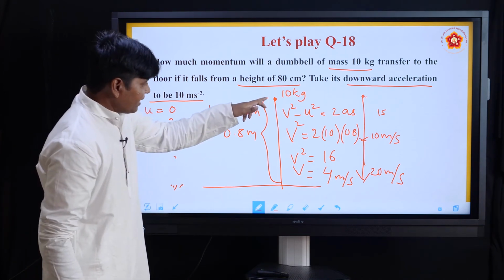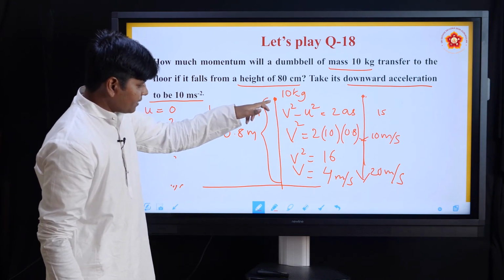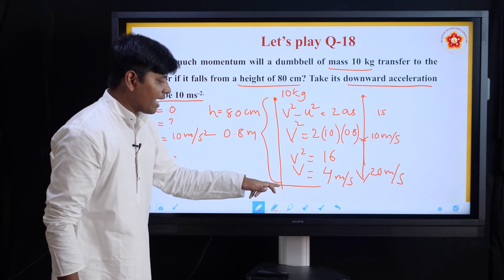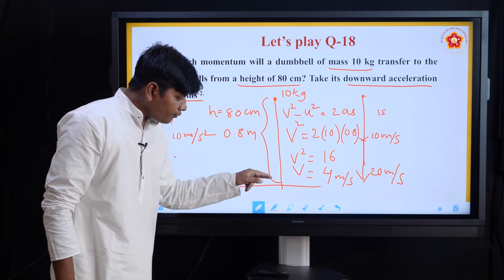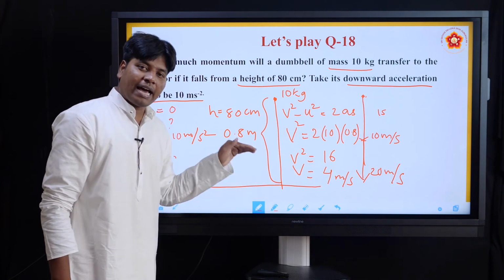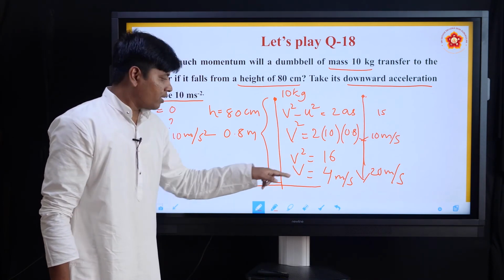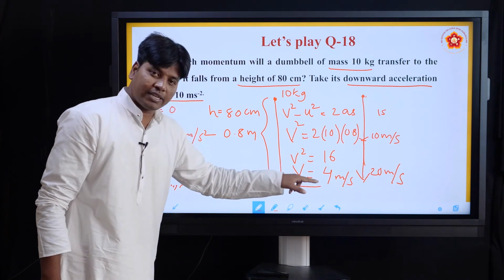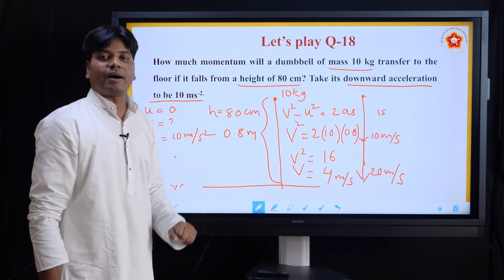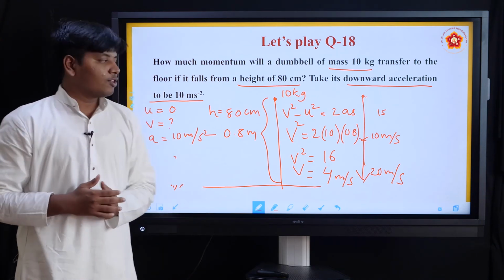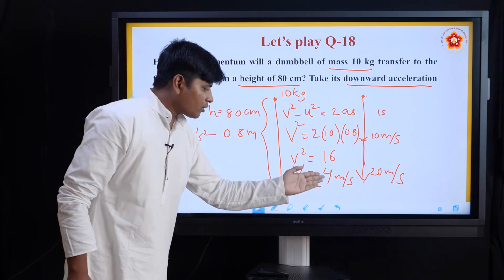So when it started here, it has 0 meters per second. After 80 centimeters, it gathered a velocity of 4 meters per second. So it has a momentum of what? The velocity it is having at this point, times the mass, m into v. So mass is 10 kg, velocity is 4.